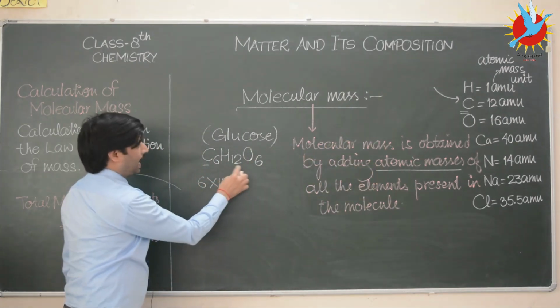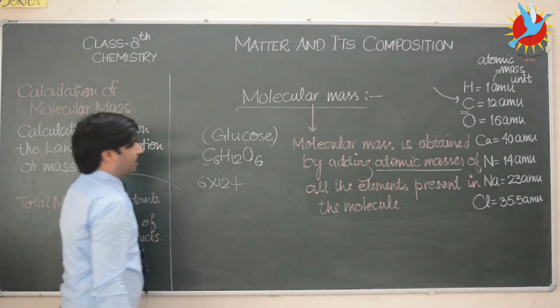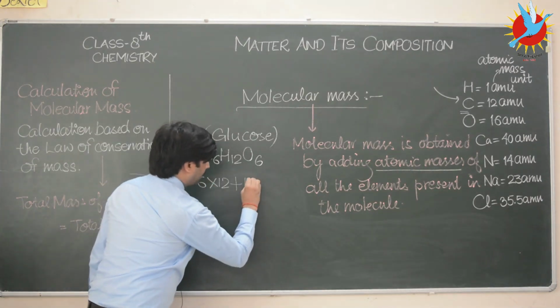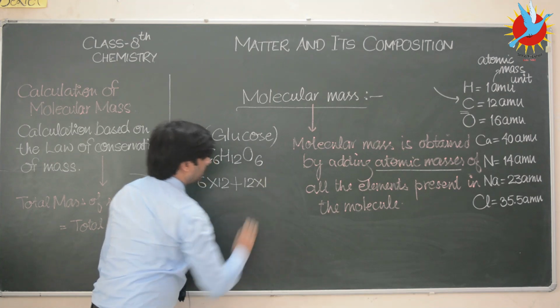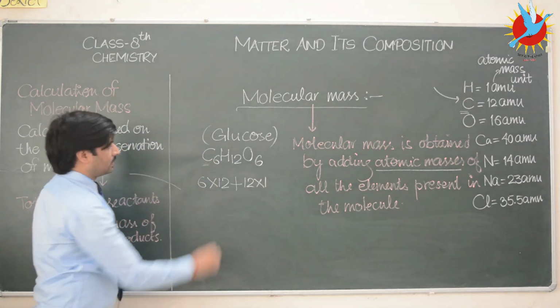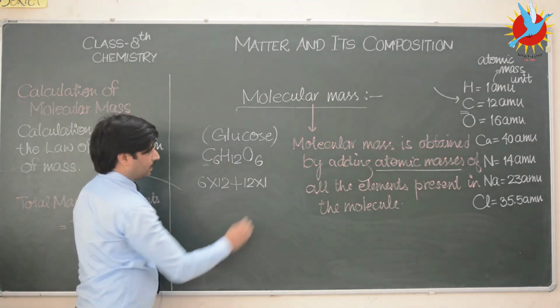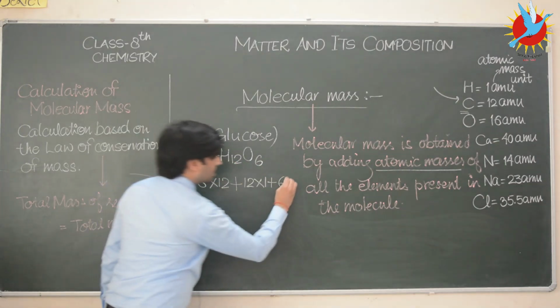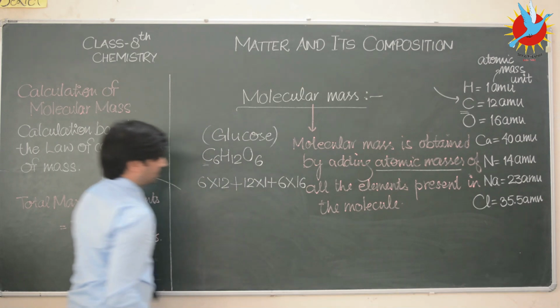Then we add the total atomic mass of all the hydrogen atoms: 12 hydrogen atoms, and 1 has atomic mass equal to 1, plus 6 oxygen atoms, 6 into 16.